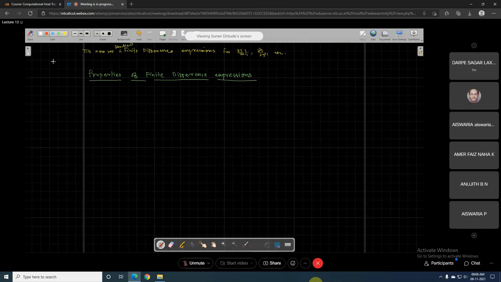First property of these finite differences is called consistency.